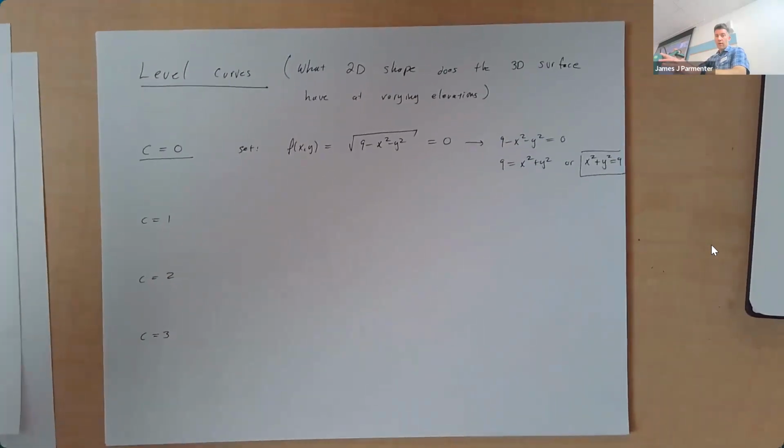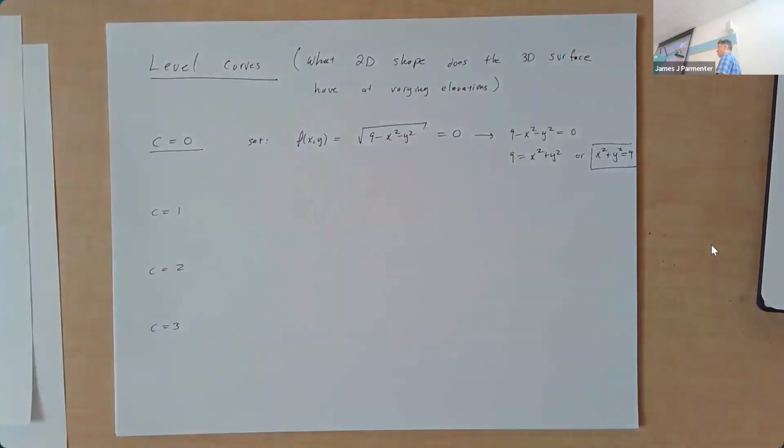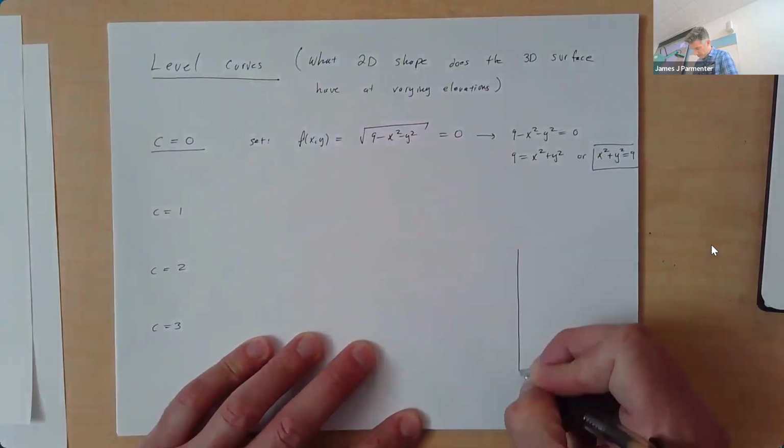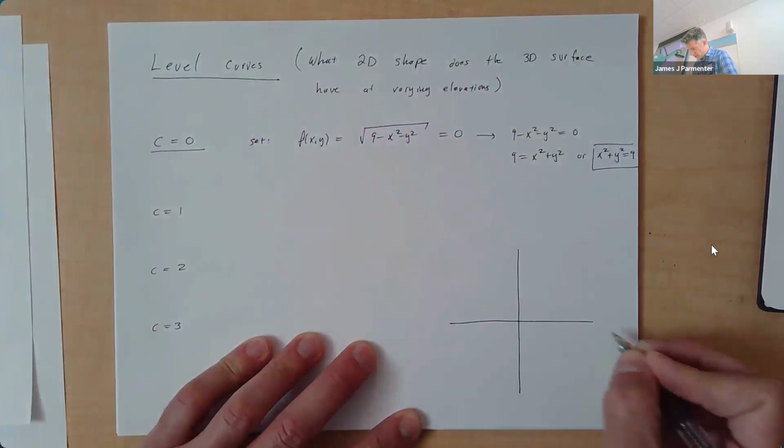So at a height of 0, I know that I have a circle of radius 3 centered at the origin.